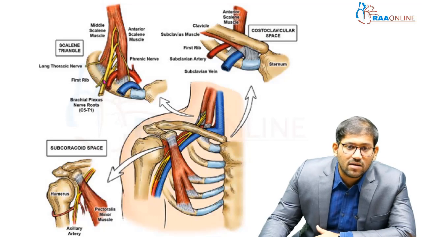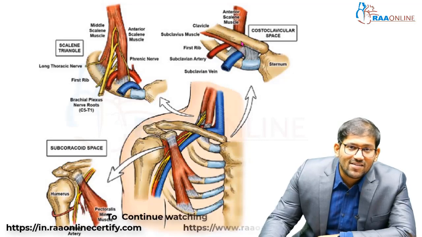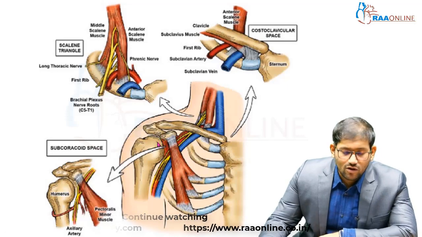It is not a part of it. But once you come towards the costoclavicular space, you can see that it can be compressed either by the subclavius muscle or in between the space of the clavicle and the first rib. Whereas the pectoralis minor is way more lateral, near the axilla just behind the coracoid region.